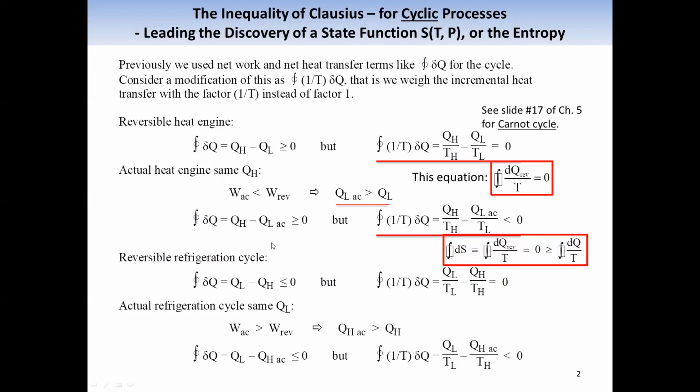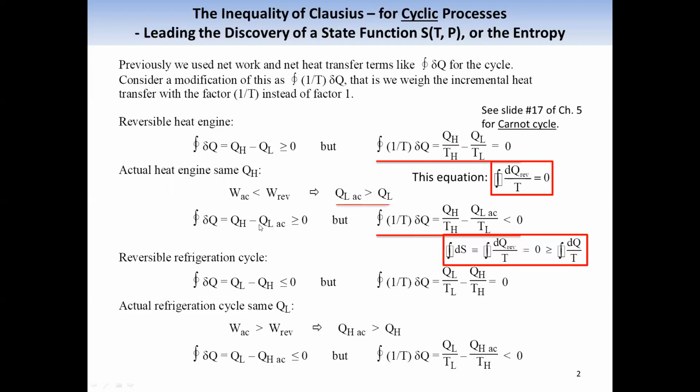However, as we recall, for an irreversible heat engine, because it's irreversible, the heat being rejected to the low temperature reservoir is going to be higher than the Q sub L for the idealized heat engine.